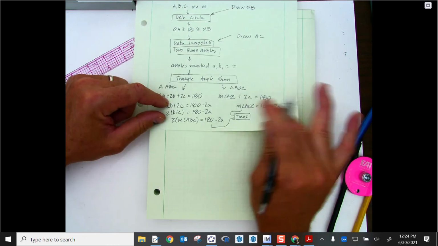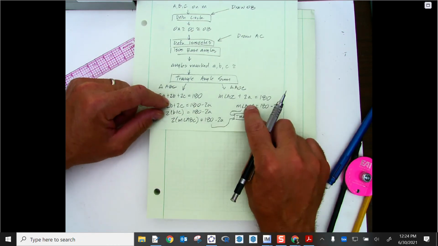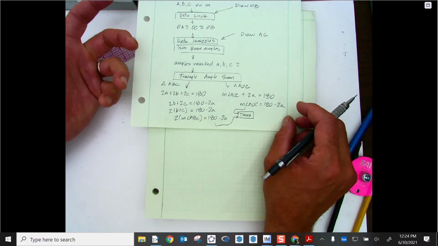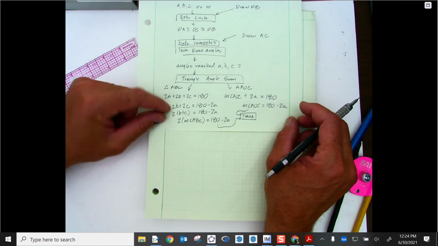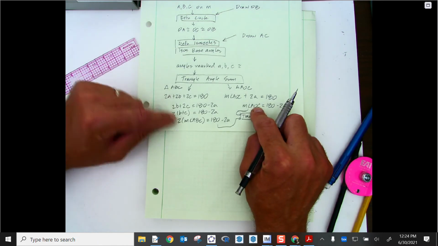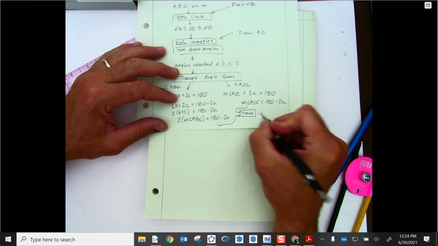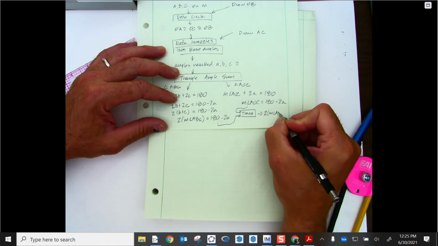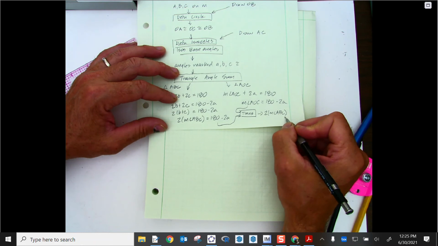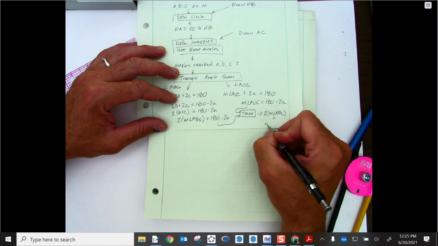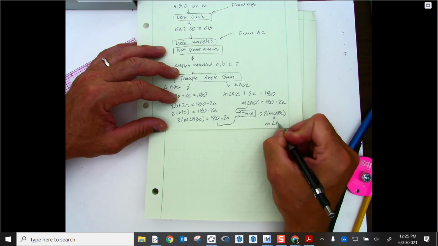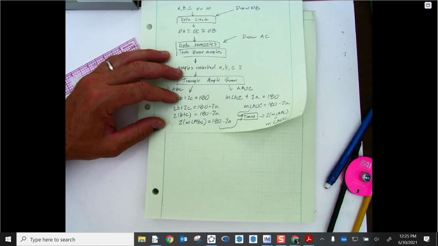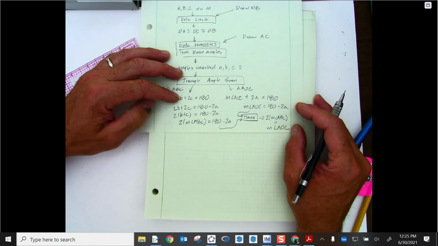Because if this is equal to that and that is equal to this, then this is equal to that. So it's the transitive property of equality rather than congruence, I guess. We get that 2 times the measure of angle ABC is equal to the measure of angle AOC. Sort of butchered this a bit because it's getting a little bit tight, but I think it works.